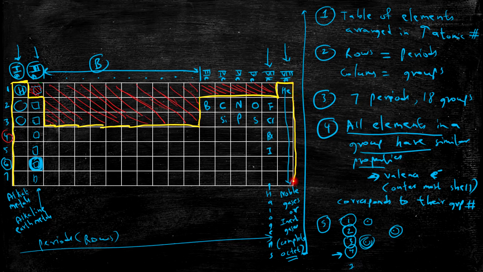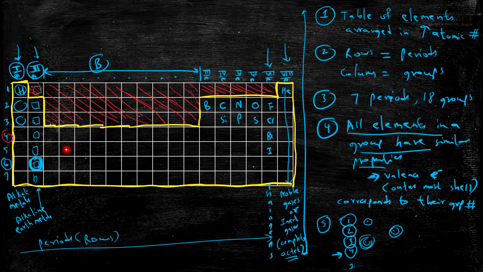Okay, so now you can understand why it is in a little bit of a zigzag manner, because there are no elements in between. All these red lines are where there are no elements.